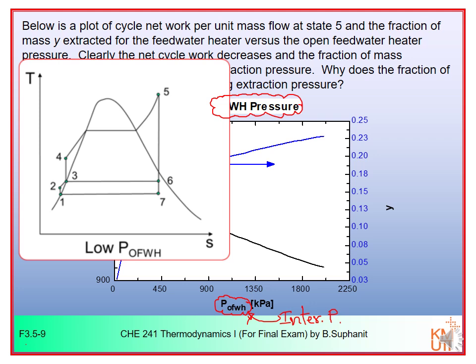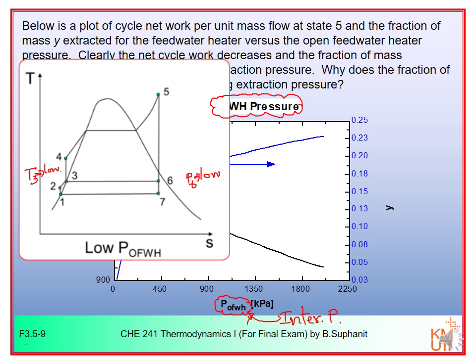So P6 is low. When you extract the steam at low pressure, the temperature of the steam here would be low as well. So you can increase the temperature of the water just not much. So T3 here is also low.